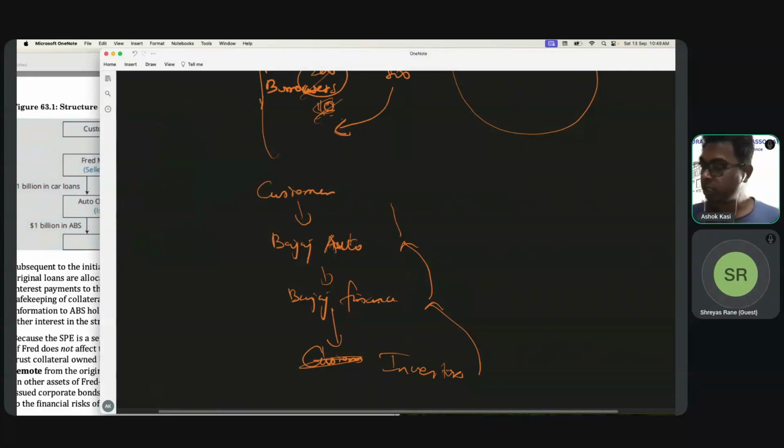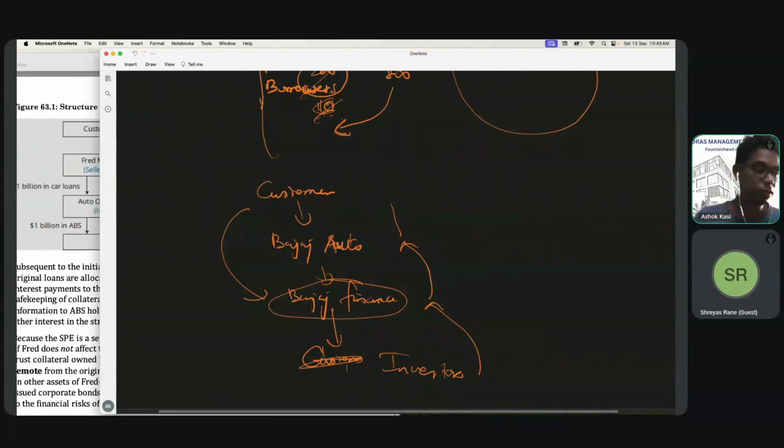Now in this case, Bajaj Finance is bankruptcy remote. Why? Because all they have to do is to keep receiving cash from the customer. Their job is only to receive cash from the customer.